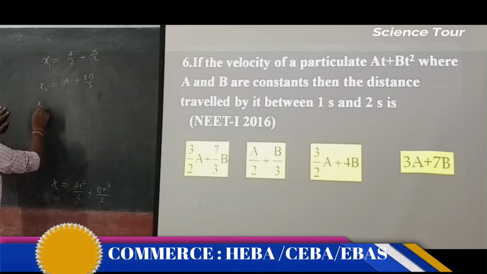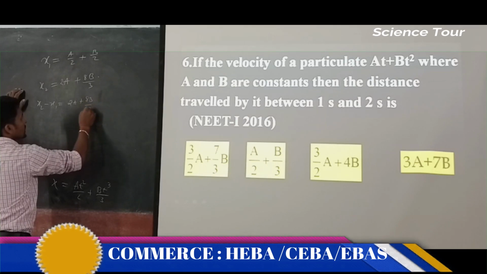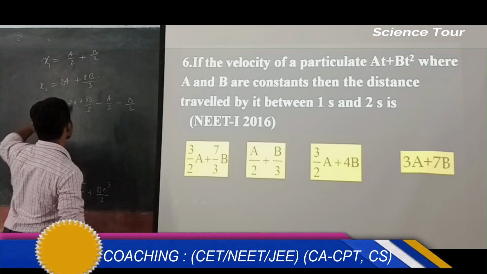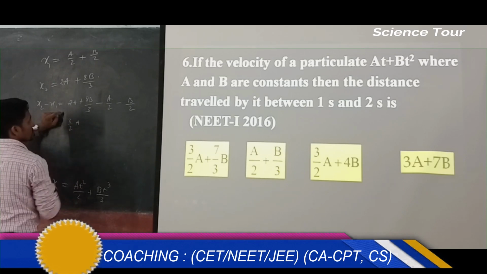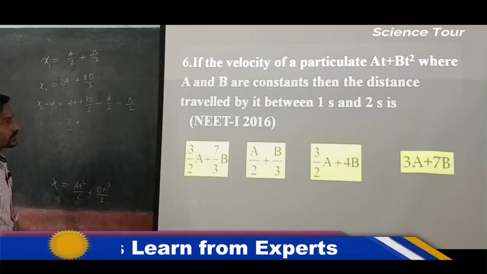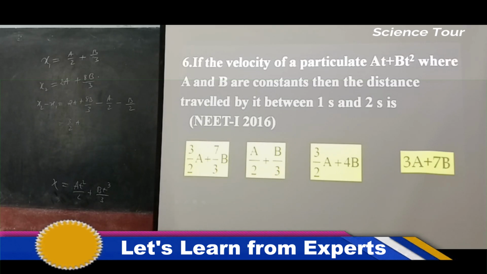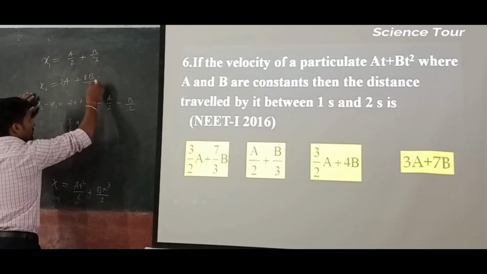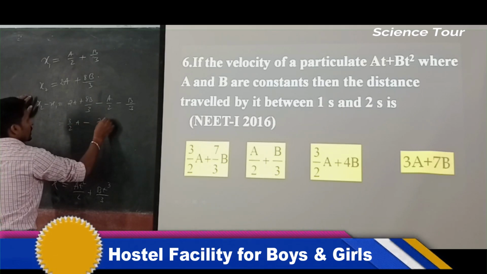So x2 minus x1 is equal to 2a plus 8b by 3 minus a by 2 minus b by 3. 2a minus half means 3 by 2 a. For b, 8b by 3 minus 1b by 3 is 7b by 3.